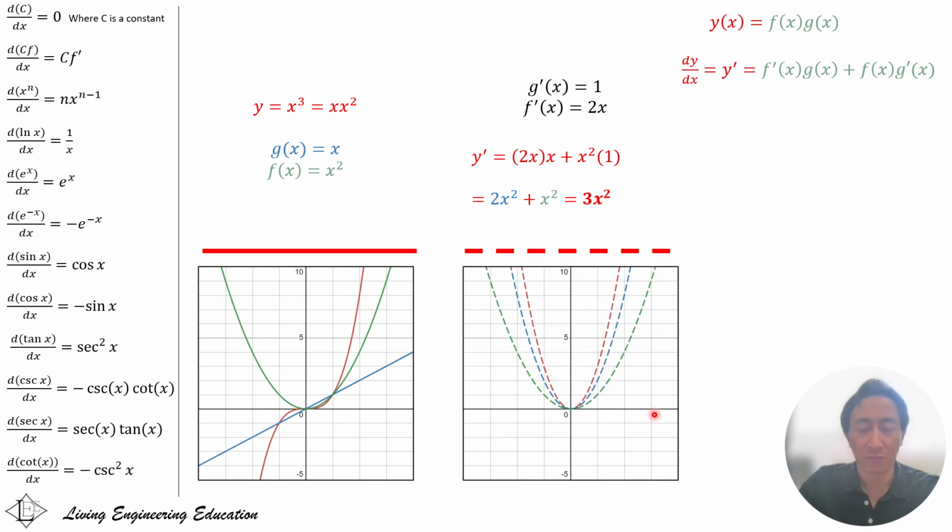Right? So we can graph each of these components. Here in red dashed line is my 3x squared derivative, the full derivative, and then we have each individual combination derivative, right? This term and this term as 2x squared and x squared. And we've looked at this in a previous series of how changing the coefficient in front of x squared, the quadratic, tightens this graph as we see it changing from x squared, 2x squared, and then 3x squared.